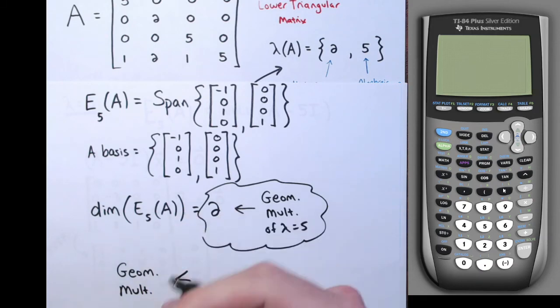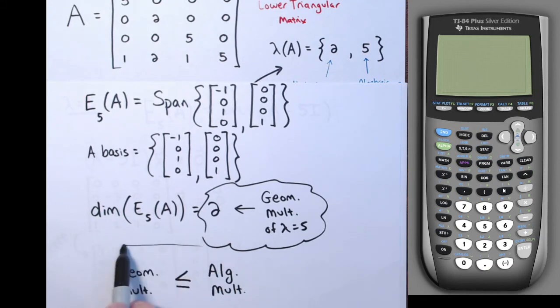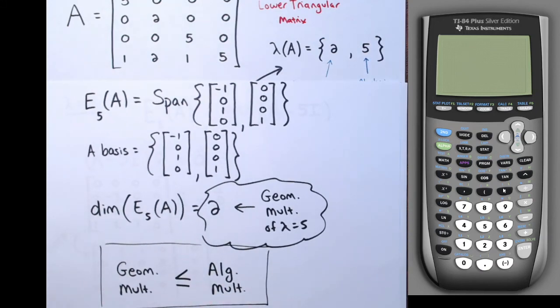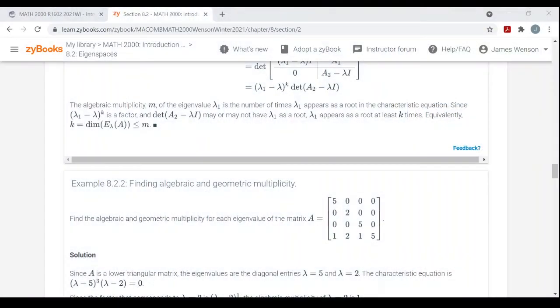Right, we saw a case of each. For lambda equals 2, the geometric multiplicity and algebraic multiplicity were equal. They were both 1. For lambda equals 5, we have the case where the geometric multiplicity is less than the algebraic. But one of those is going to happen. This is going to be always true for any eigenvalue. Okay? Wonderful.